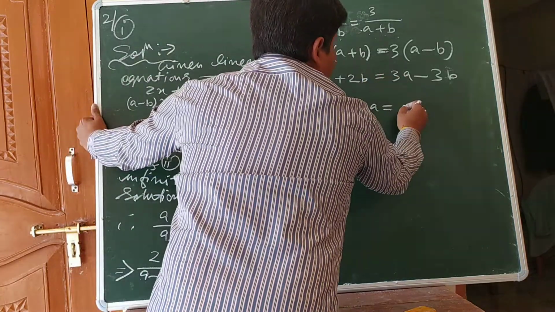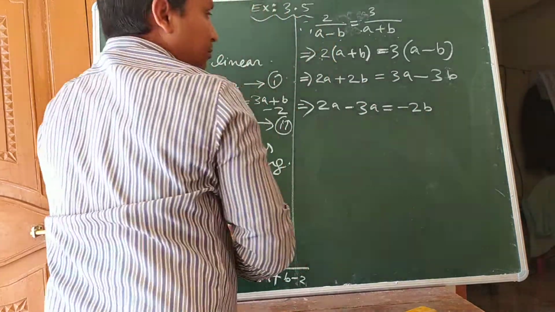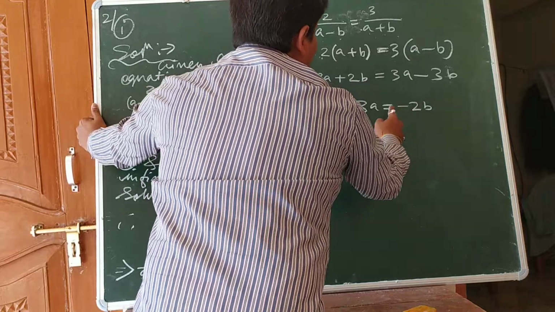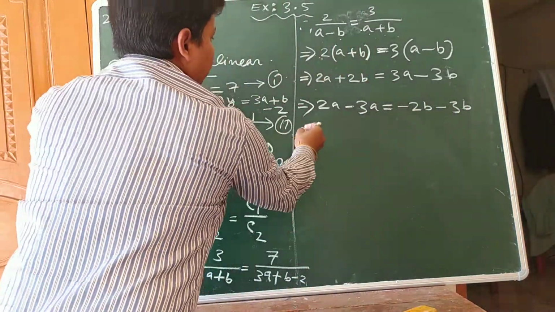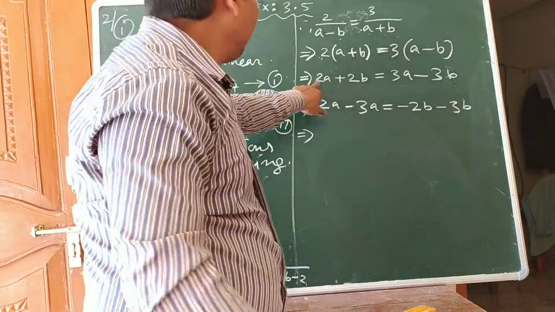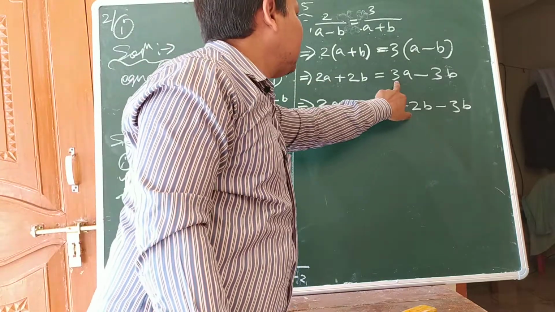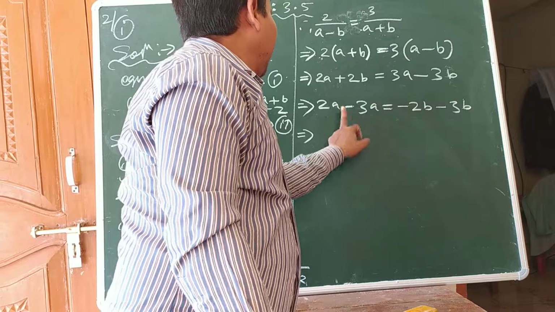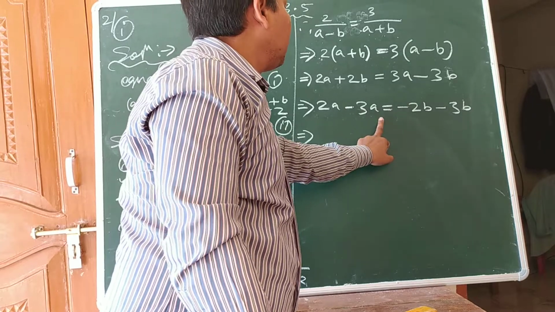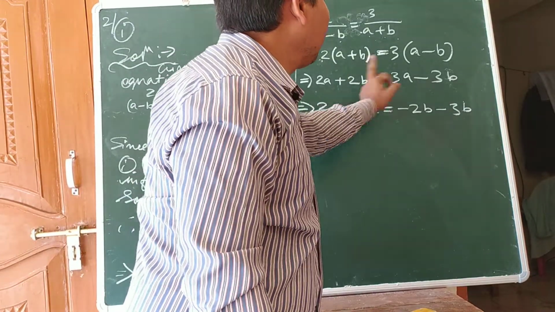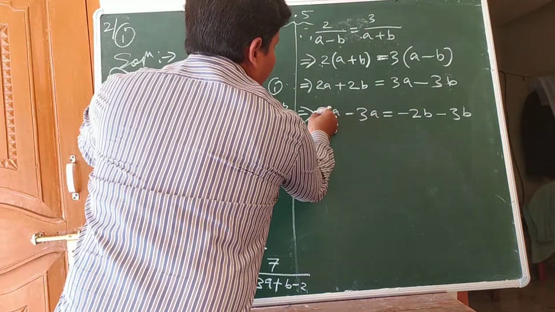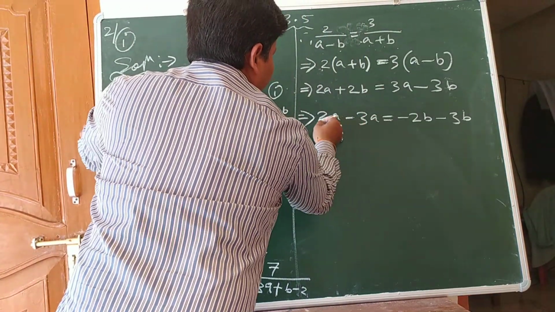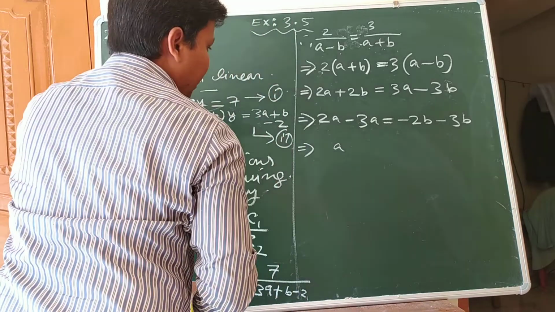The b terms you bring to the same side: twice b shifted to the right side, then minus 3b, minus twice b, sign will be changed. Then 3a minus twice a equal to 1a.